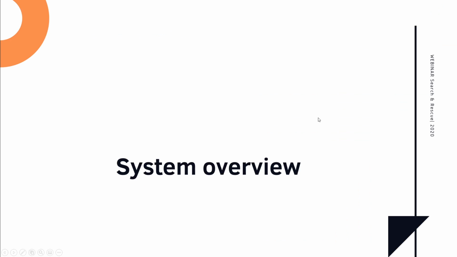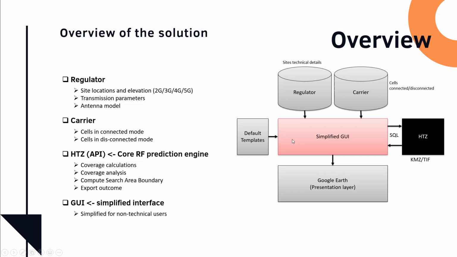So now let's talk about the system overview. How does the system look? Initially we were just covering the topics, the concept, and the different analyses and how this information plays together. Now let's look at the overall system.